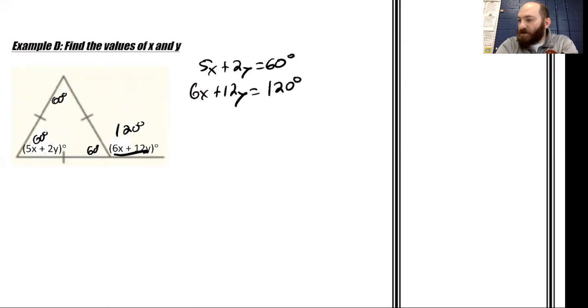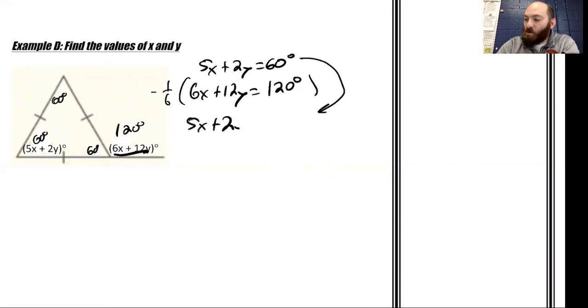All right. So from here, I'm going to go ahead and do my elimination again. I could do division. Yeah, let's do division, or multiply by a fraction. I'm going to multiply by negative 1 over 6. I'm just going to rewrite the top one.